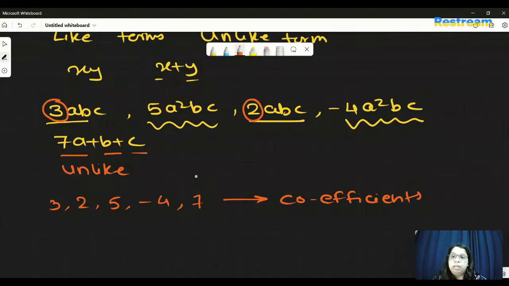composition of the variable. So here I have 3ABC and I have 2ABC. If you see, this has A, B and C, this one also has A, B and C. So 3ABC and 2ABC are like terms.